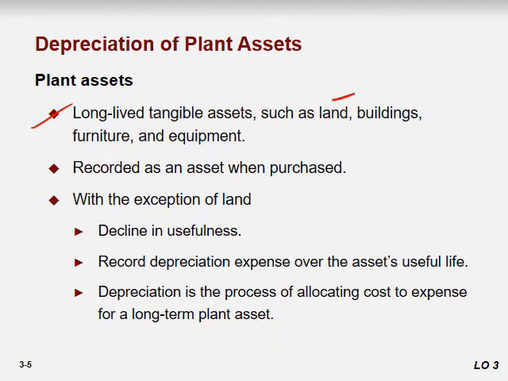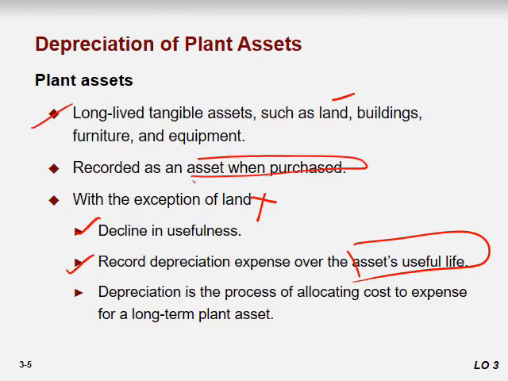Land is the exception, because the value of land appreciates with time. Other than land, their usefulness declines. We have to record the decline in usefulness as an expense, and we spread it over its useful life. Plant assets are recorded when they are purchased.